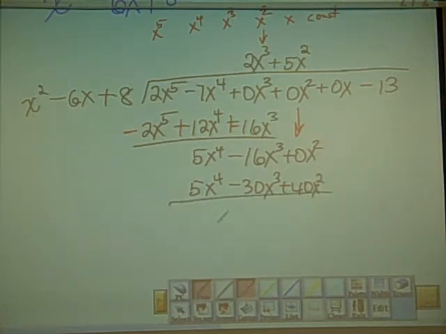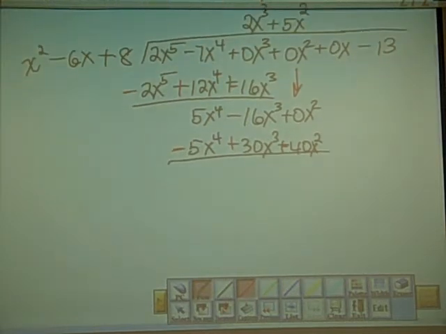And again, we have to change the signs for our second row. So we're going to have 5x to the 4th and a minus 5x to the 4th. They cancel. We've got positive 30 and negative 16x cubed, so that'll be a positive 14x cubed.